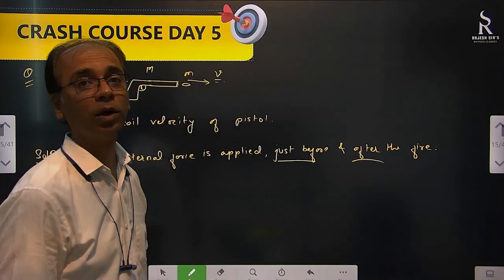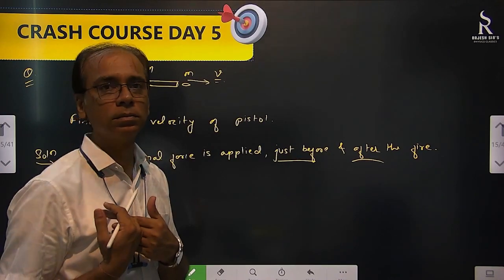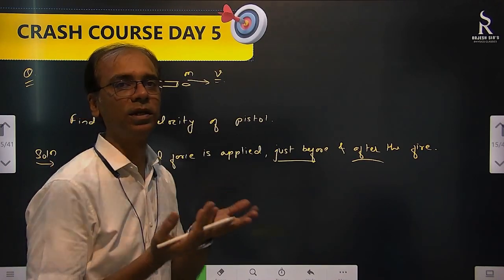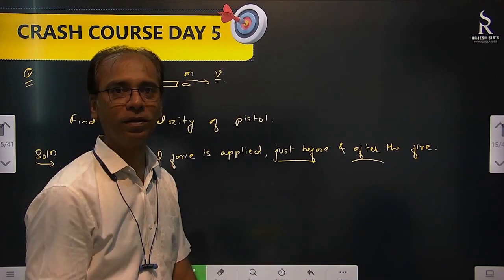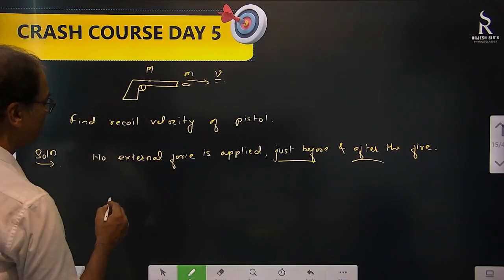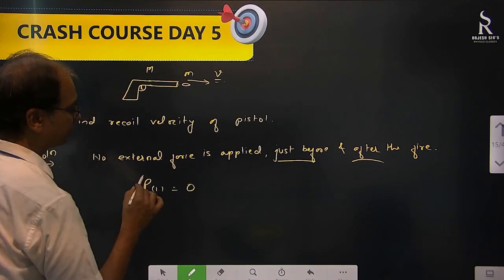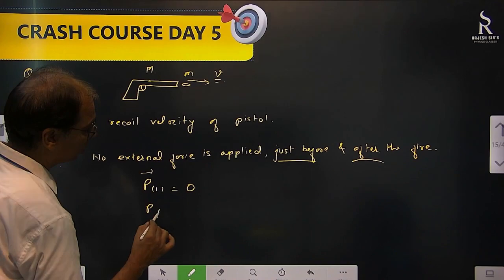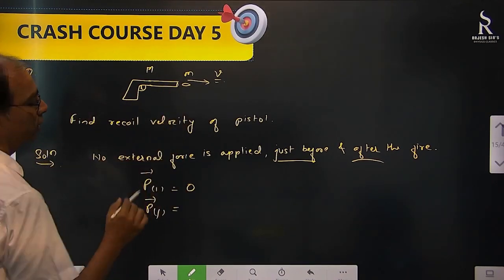Just before firing, what happened? Spring was compressed already. And just after, you release the spring. So in that one, any external force is there? No. So initial momentum is what? Initial momentum is 0. Final momentum? Final momentum, pistol is going to move separately and bullet is going to move separately.